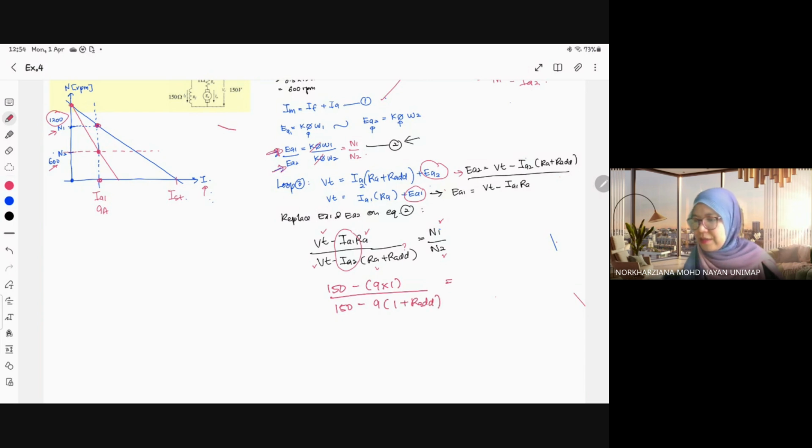Your N tadi 1200 over 50%, 1200, or dia boleh jadi 1200 over 600.